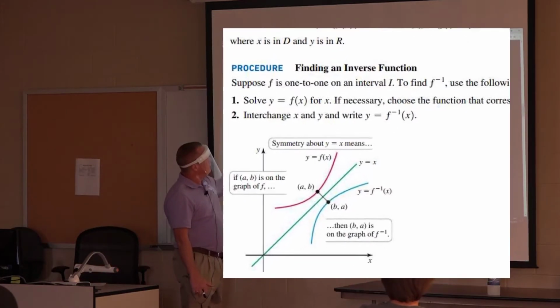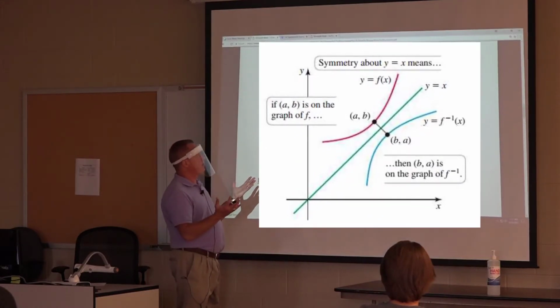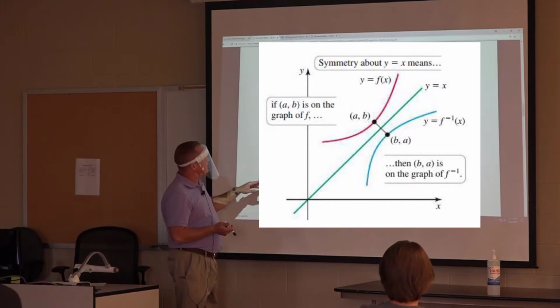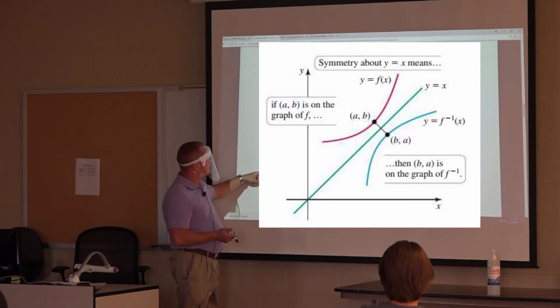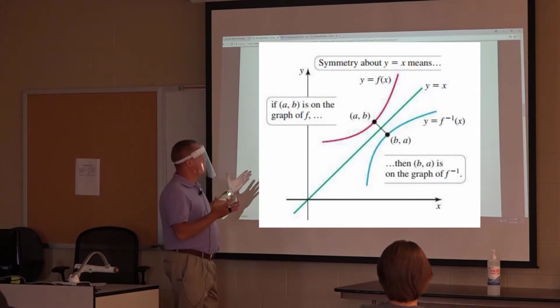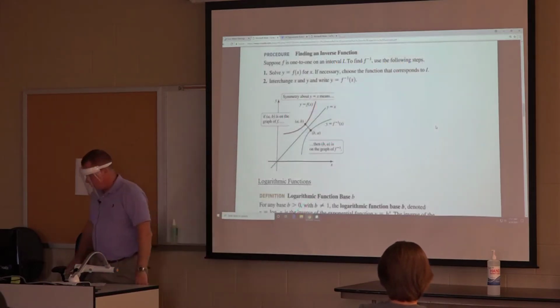This graph kind of shows what should happen if you have two things that are inverses. The two graphs should be symmetric about the line y equals x. So it should be true if the two are inverses.